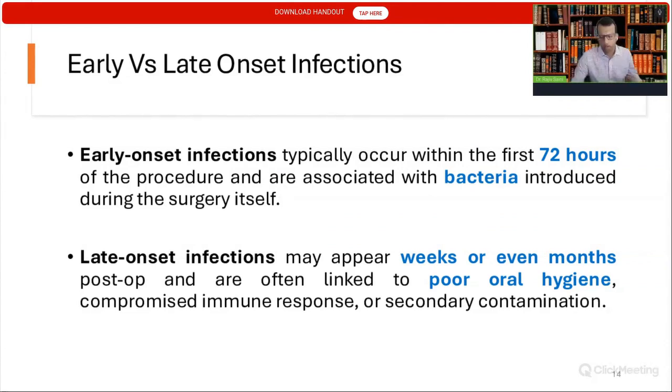Now, when we talk about the different types of post-op infections, these are basically categorized into two types: early onset infections and late onset infections. The early onset infections occur within 72 hours of a dental procedure and are mainly associated with bacteria introduced during the surgery itself. The late onset infections usually happen weeks or even months after the surgical procedure, and this is often linked to poor oral hygiene.